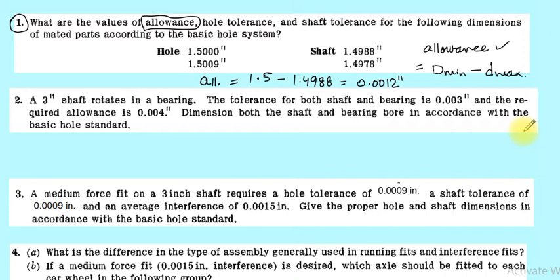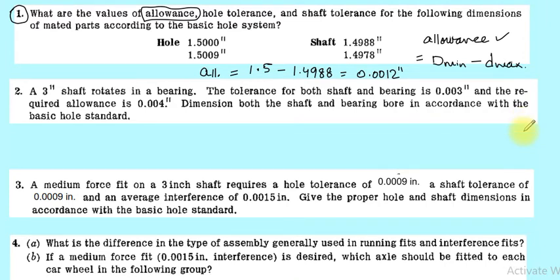Now moving on, bear in mind this concept of allowance, and read the statement of this second problem. In this second problem, you are given a basic size which is 3 inches. The tolerance for both shaft and bearing is 0.003 inches.